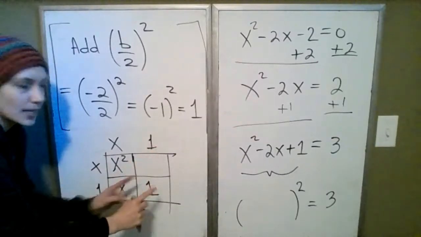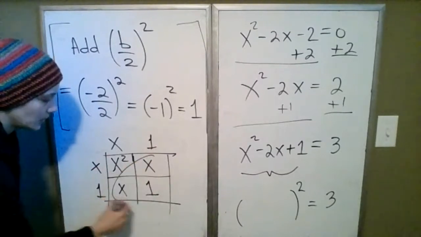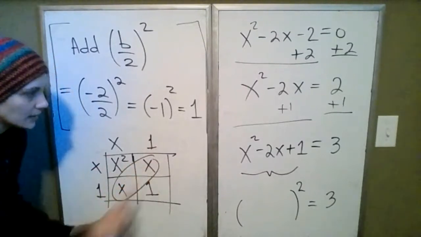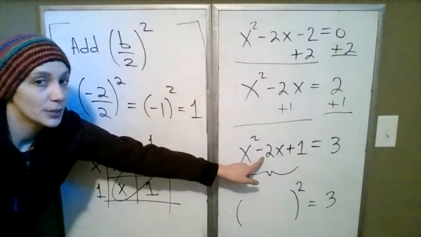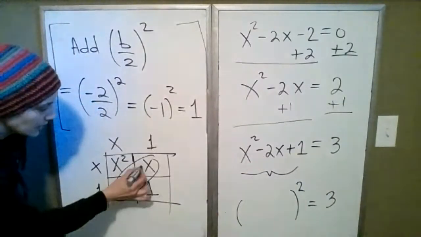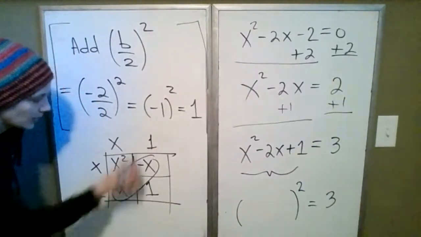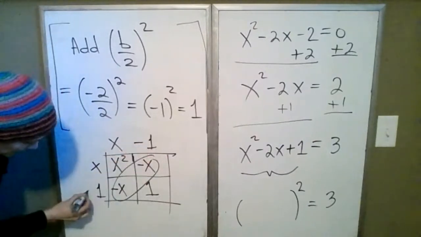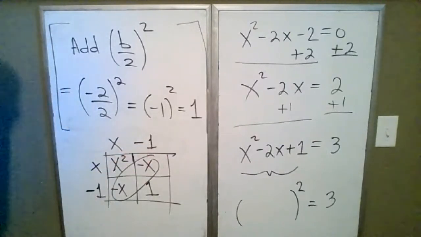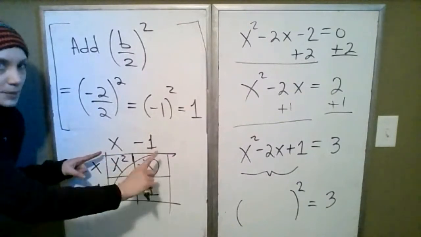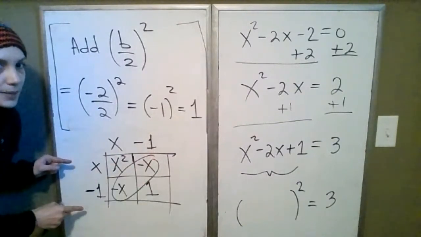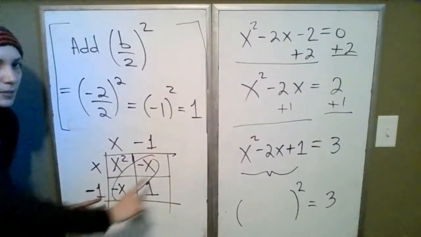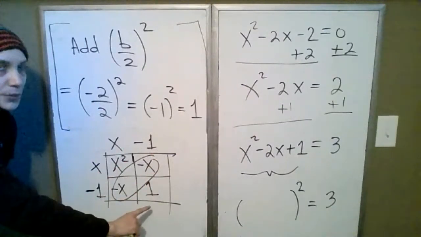Positive 1 times x is x. This would add to positive 2x. I'm trying to have a negative 2x. So to get these negative, I make this negative 1 and this negative 1. Okay, x minus 1 times x minus 1 is x squared minus 2x plus 1.